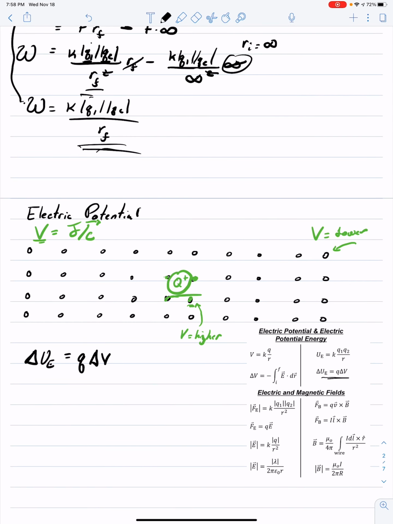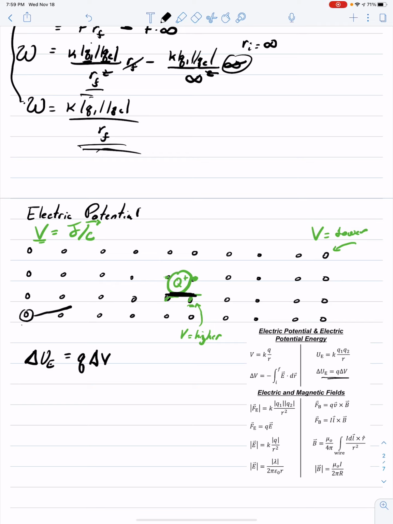So, let's say that right here in this spot that I'm circling, because of this charge right here, I want to find out the electric potential in this spot.